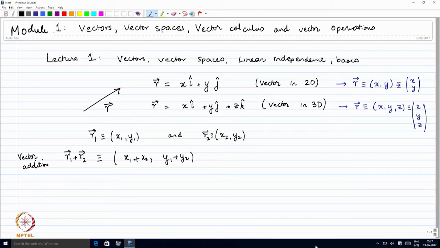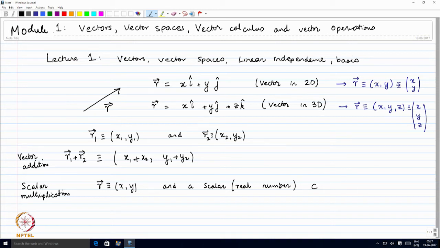Another important operation on vectors is called scalar multiplication. Here you take a vector, for example, r which is denoted by x, y, and a scalar. A scalar is nothing but a real number. Let me call the scalar c.